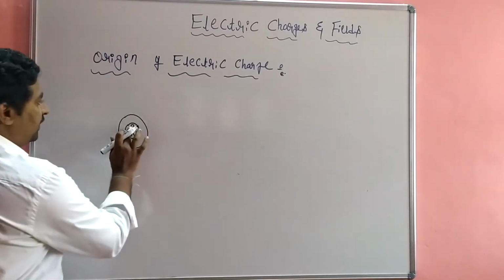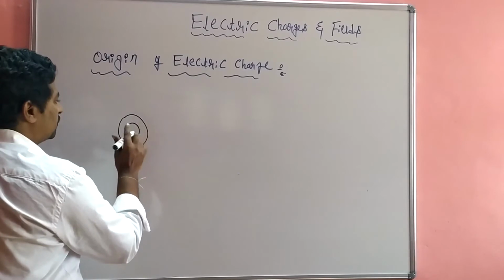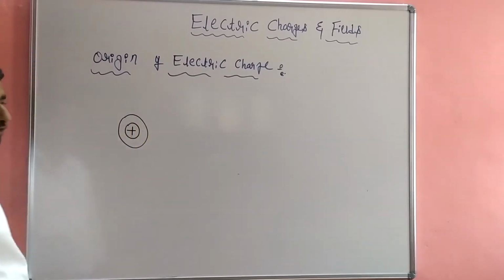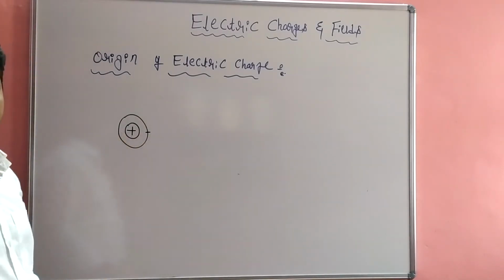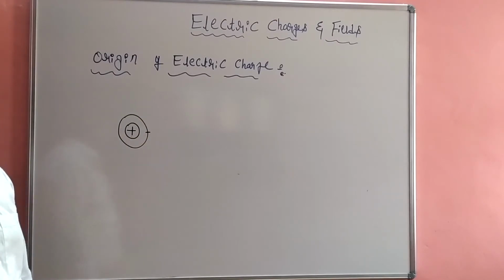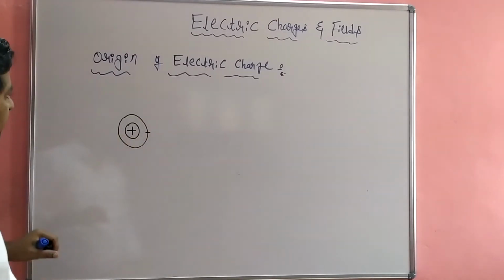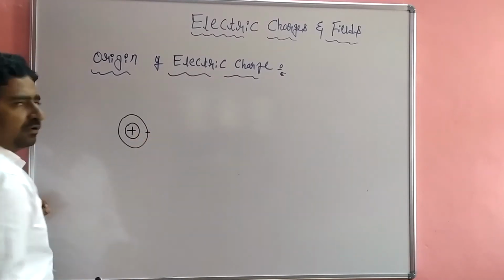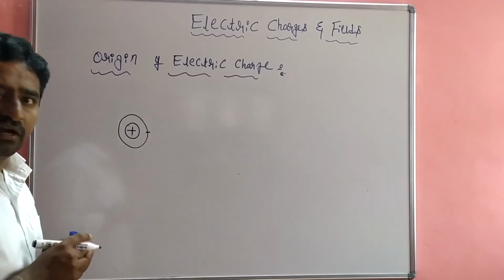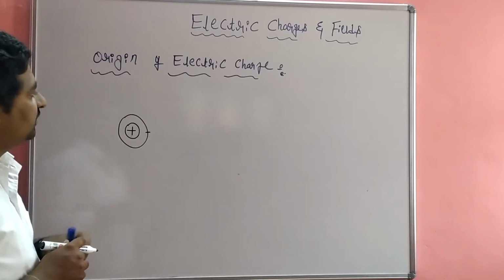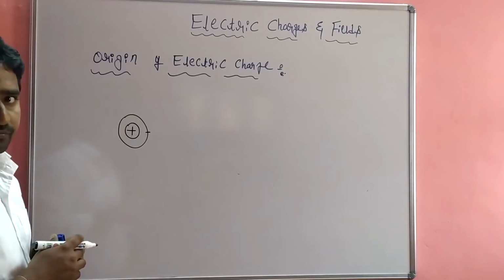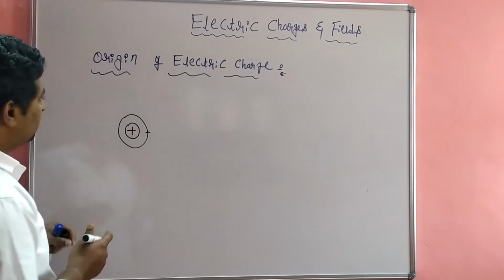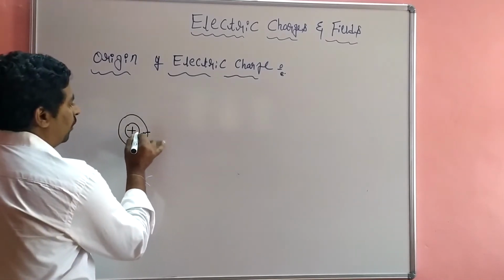The net charge of the nucleus is positive, and the electron is negatively charged. Unlike charges attract. When the distance is very small, the attractive force is very large, that is, distance is inversely proportional to electrostatic force. So here the attractive force is more.